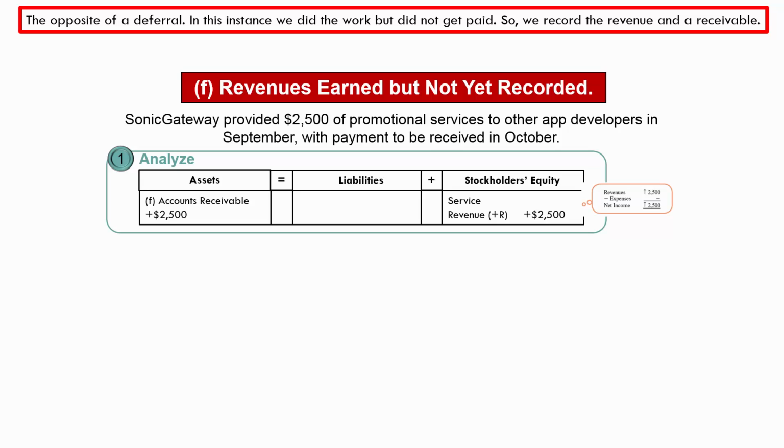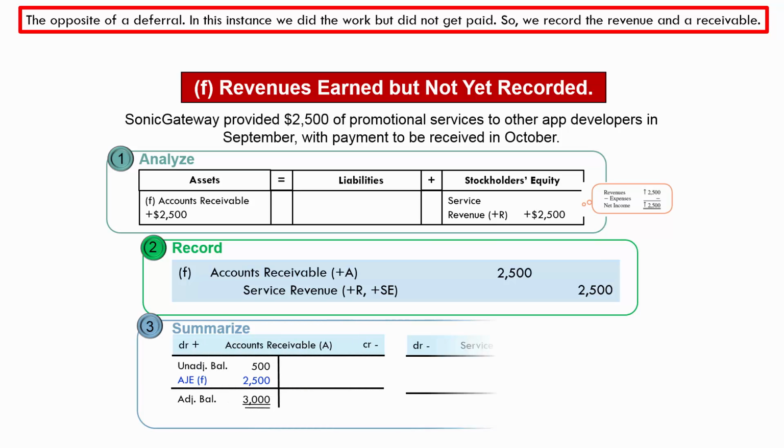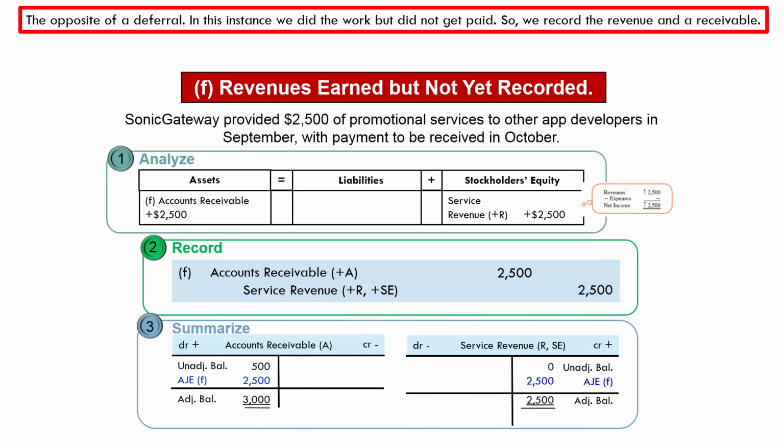In other words, we are doing the work now, but in the future, we are going to receive the cash. So how we record this is we record this asset called a receivable, and we record the service revenue. Now, just like in the other transaction, it doesn't matter whether we receive this revenue through cash, through accounts receivable.